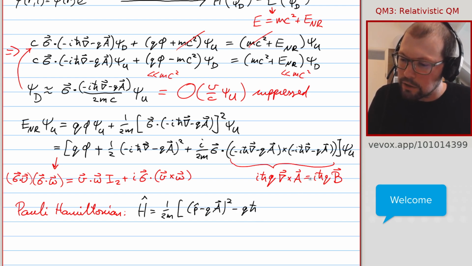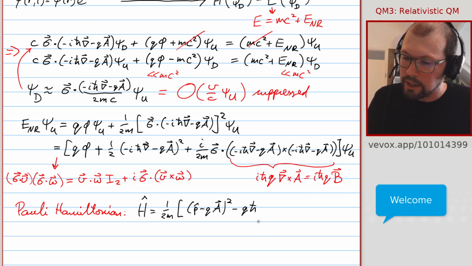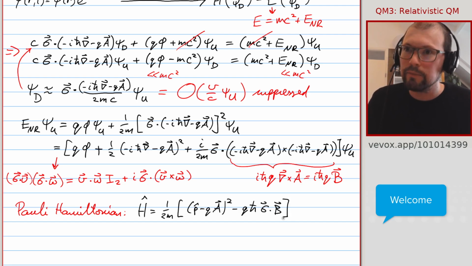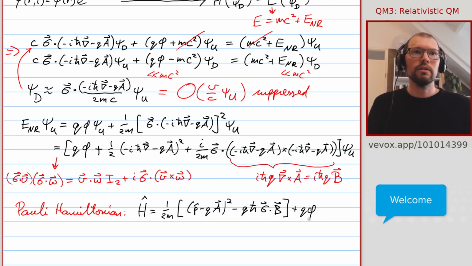And then this term, where the i's nicely cancel to give you a minus sign, so Q h bar and then Pauli matrix inner product with the magnetic field. And then there is still the scalar potential.